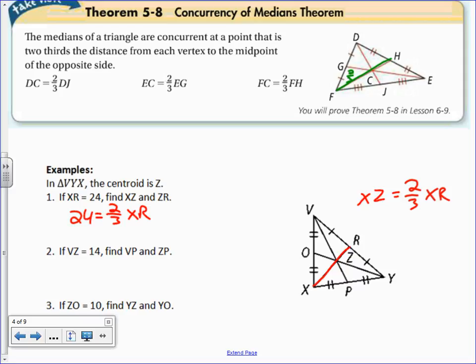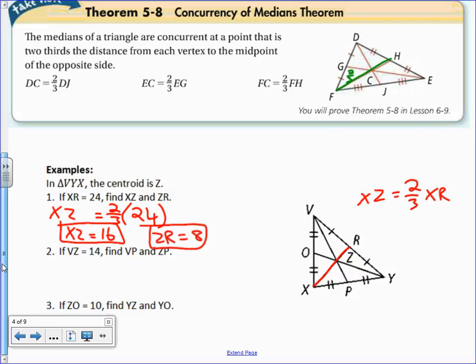Oh, sorry, no. I got this mixed up. 2/3 of 24 would be what XZ is. So XZ equals 2/3 of 24, which is 16. And that leaves ZR to be 8. Just whatever's left. And that makes sense. We said that the longer one is twice the smaller one when we're breaking up the medians.